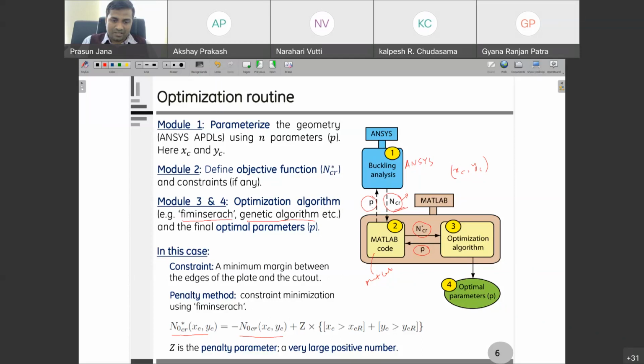And then this is done to incorporate the constraint we want to impose.